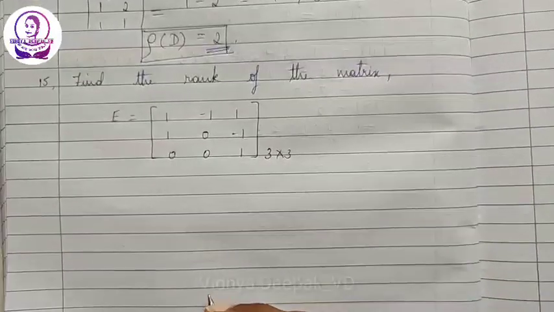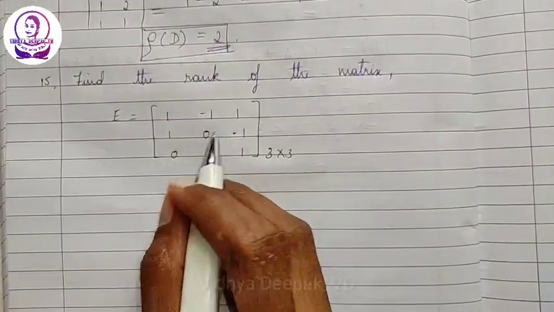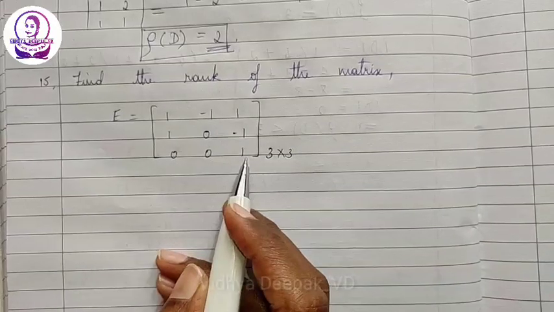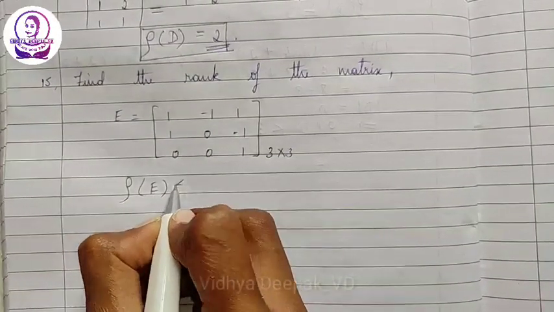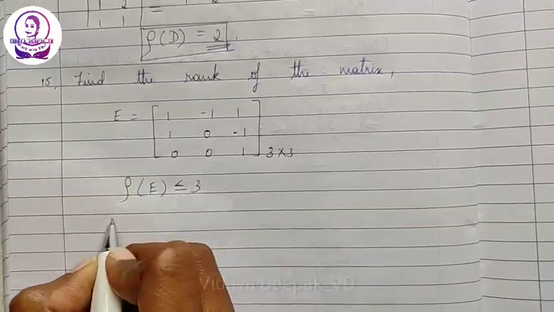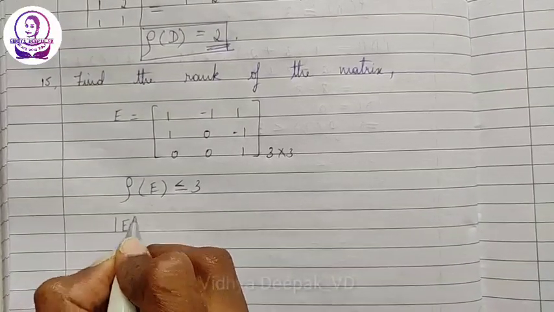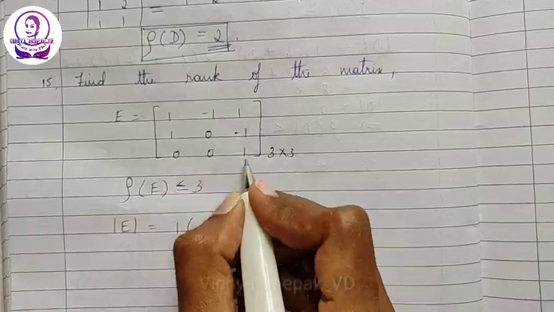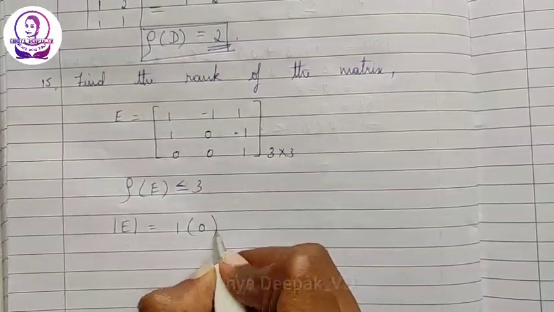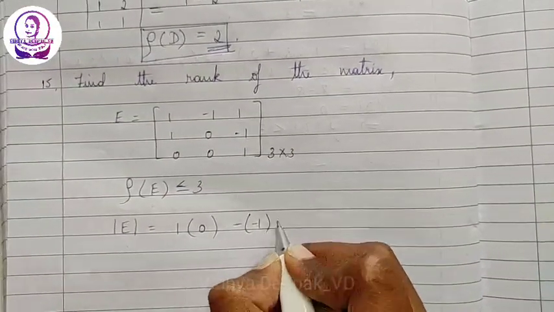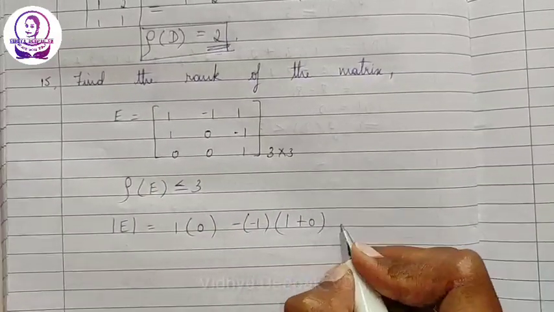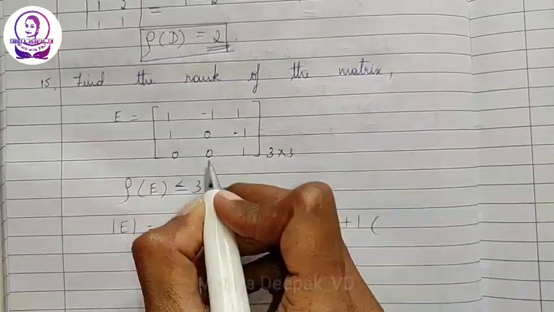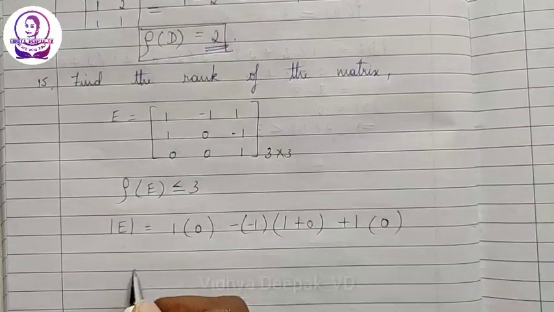Now find the rank of the matrix E is equal to [1 -1 1; 1 0 -1; 0 0 1]. So we have a conclusion that the rank of this matrix is less than or equal to the order. So first finding the determinant of this, we have 1 into 0 minus 0 is 0, minus of minus 1 into 1 1s are 1, plus 0, plus 1 into again 0 minus 0, this is 0.